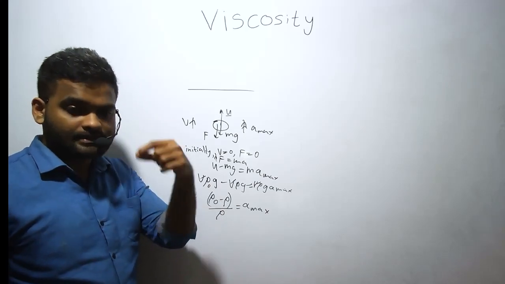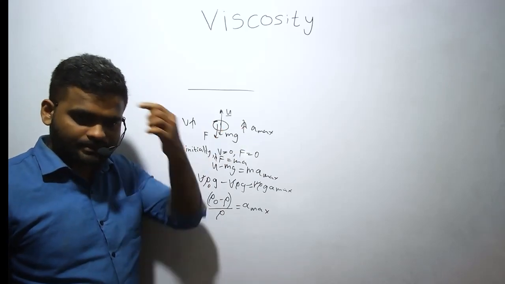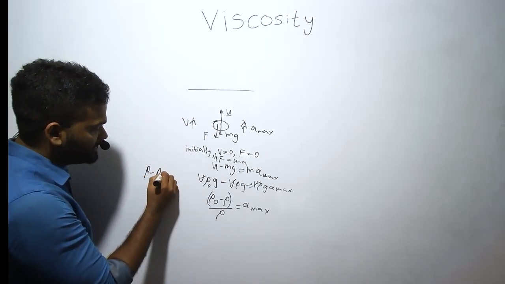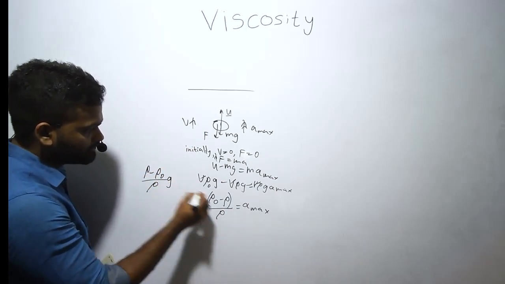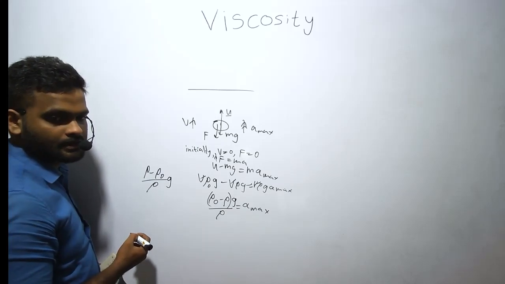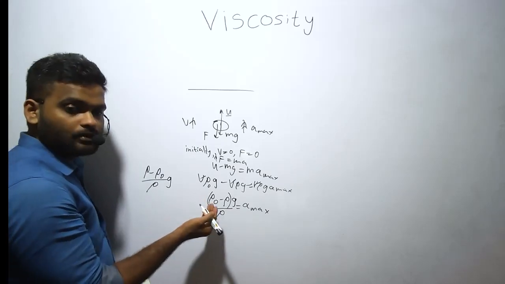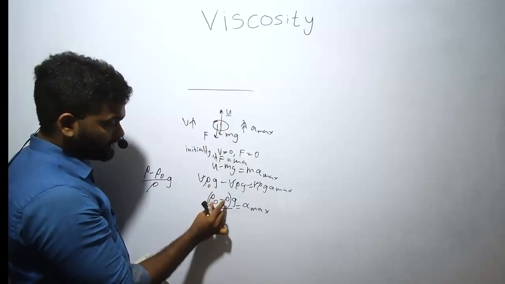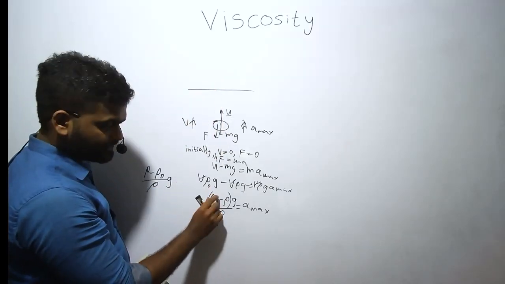So you can check the previous a max equation, the maximum acceleration equation. What do you get? Rho minus rho naught divided by rho g. Now here rho naught is larger, because it is going upwards. Now you just have to switch this one.